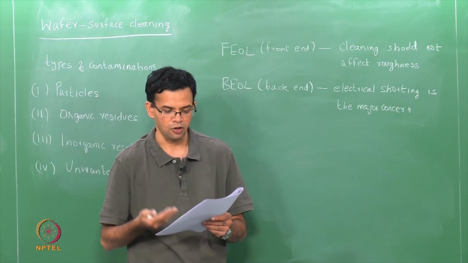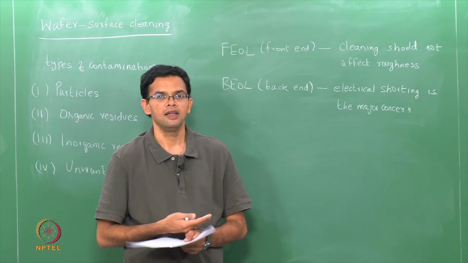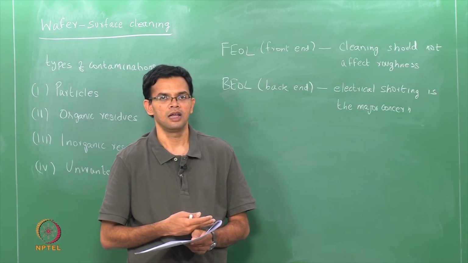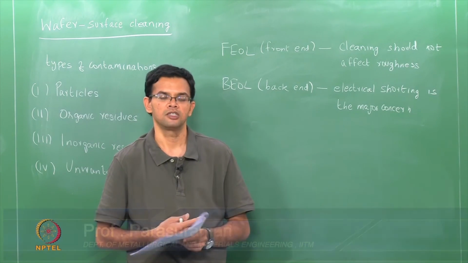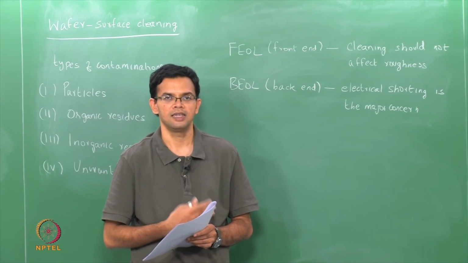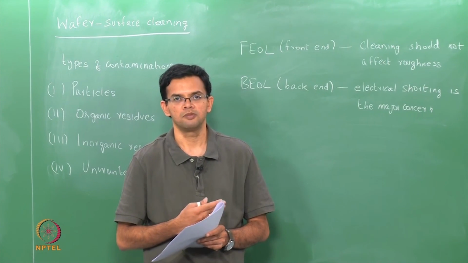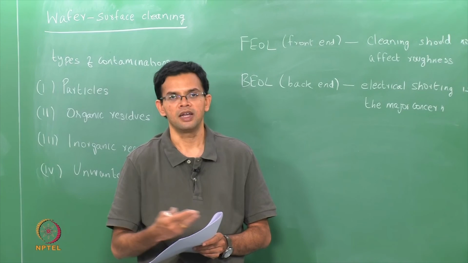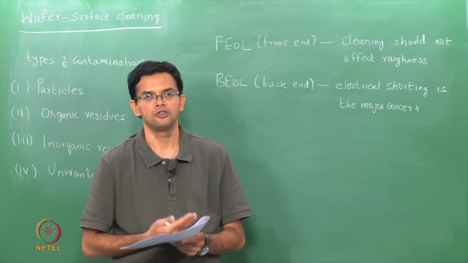Sometimes HF is also used, and then the wafers are again cleaned with DI water and then blow dried in order to remove any particles and other contamination. So, usually after some sort of chemical process like say lithography or etching, a cleaning operation is performed in order to remove the contaminants and make sure that the wafer is clean before it goes on to the next step.